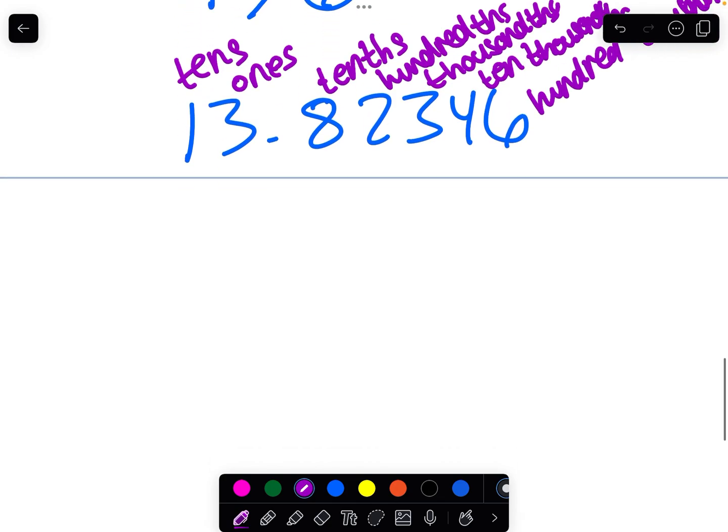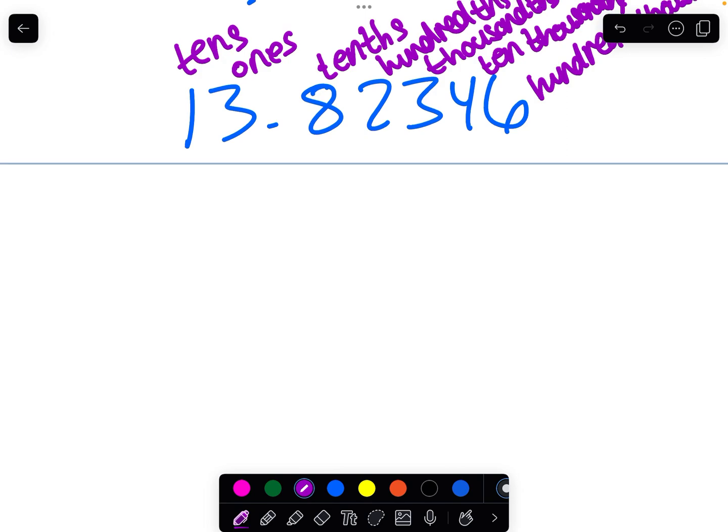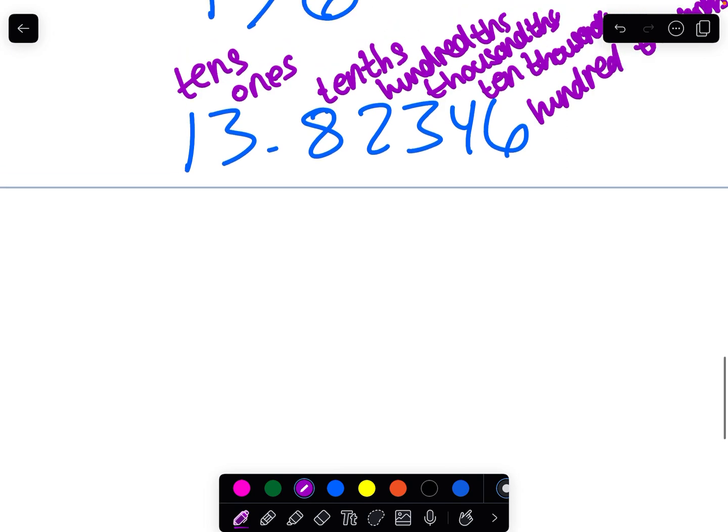So we're being asked to round 13.82346 to the nearest hundredth. So first thing I have to do is identify where the hundredths place is, which is right here. Then I'm going to look next door. We've got a 3 there. 3 is less than 4. It's 4 or less.